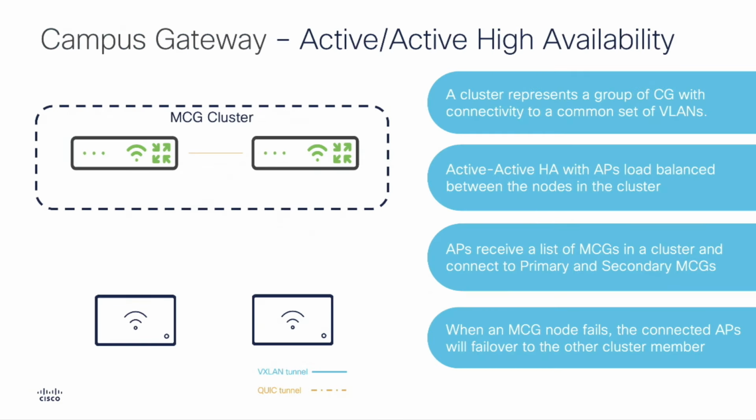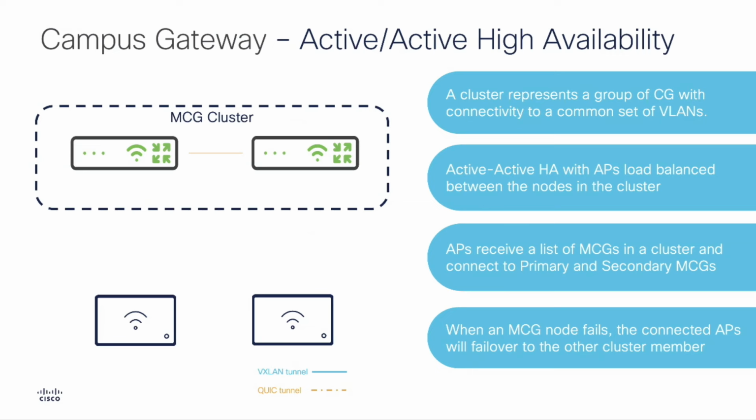Then with Campus Gateway, as Travis mentioned, this is going to be a cluster of 2. So with 9800, we had that N+1, which was stateless, but it was active-active. So in the event of a failover, there was downtime. HASSO was stateful, but it was active standby, so only one unit was serving clients. With MCG, we have the best of both worlds.